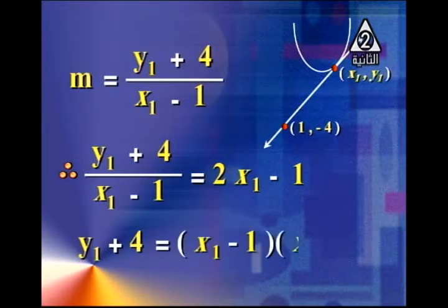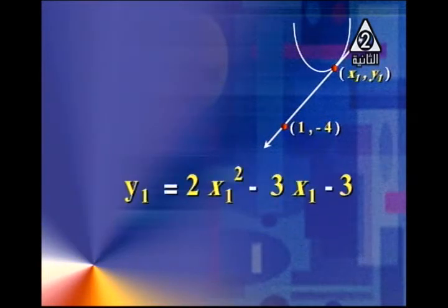By using cross multiplication, we find y1 plus 4 equals x1 minus 1 multiplied by x1 minus 1. The answer is y1 equals x1 squared minus 3x1 minus 3.